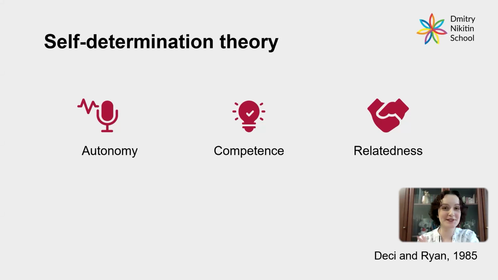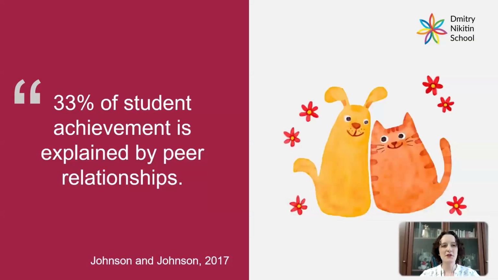Okay, now the research comes from 2017. There was a meta-analysis conducted by several more researchers of psychology, and they found that up to 33% of student achievement can be explained by peer relationships. Let that sink in.